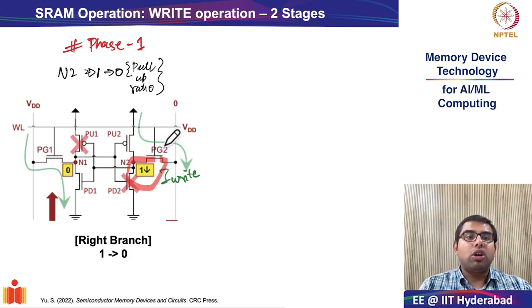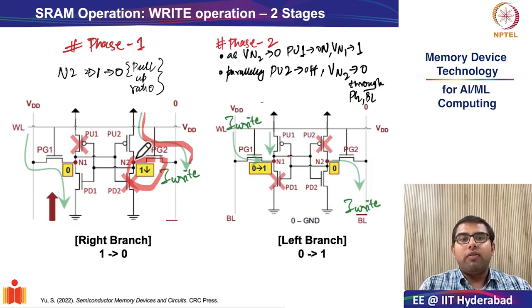As the pass gate transistor 2 turns on, there is a write current, as I've indicated through this green arrow, which flows from the supply VDD through PU2 and PG2, thus discharging the value at N2 from 1 to 0. As the value at storage node 2 approaches 0, it results in the turning on of the pull-up 1 transistor.